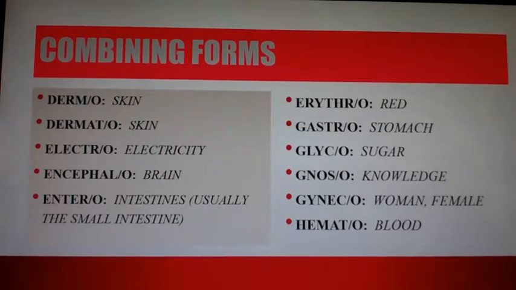Dermo and dermato both mean skin. Electro means electricity. Encephalo, not to be confused with cephalo, which means head. Encephalo means brain. Entero means intestines. It usually refers to the small intestines.